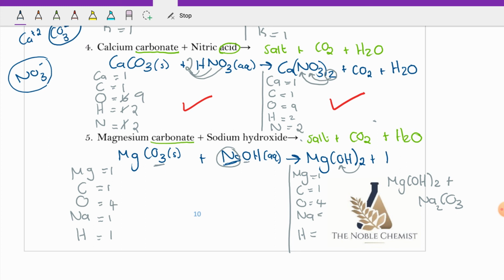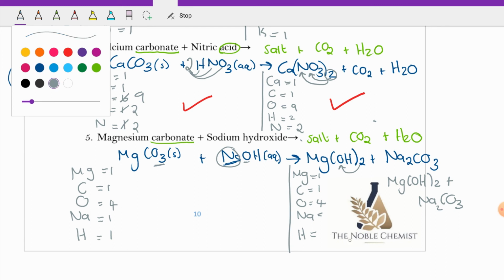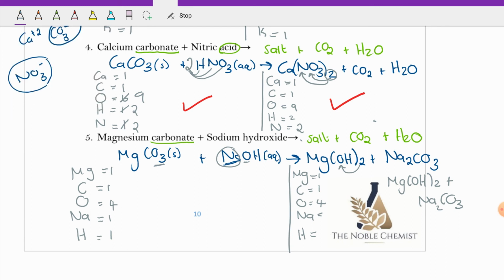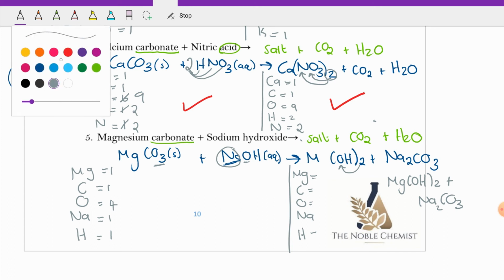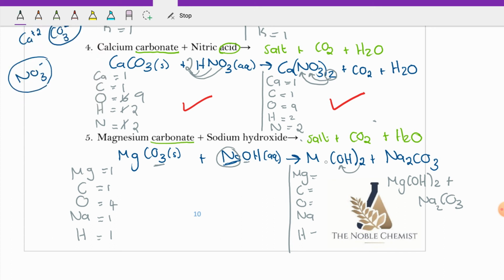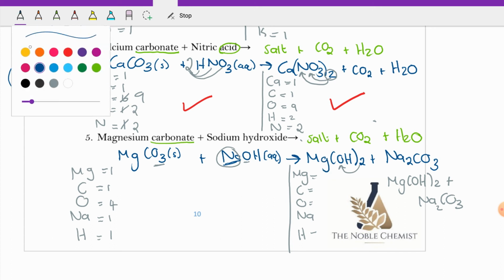So that's going to then give us sodium carbonate. Okay, so if I can just quickly finish up balancing this reaction equation, and now you can also see that your numbers will change. So let's just maybe try that again. Just put my magnesium back here. So let me just try that again.